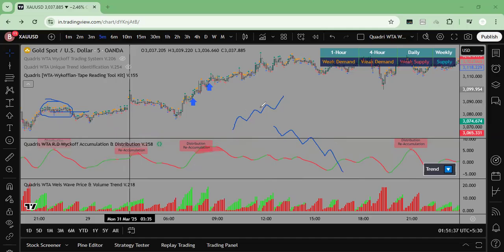What I look out for is a simple continuation of what my previous analysis was. Is it in line with my analysis? If that is not the case, then I would look for another opportunity wherein things would align together.